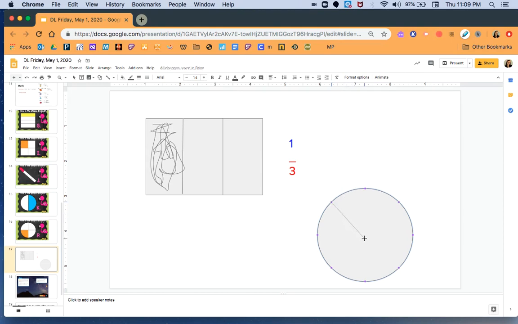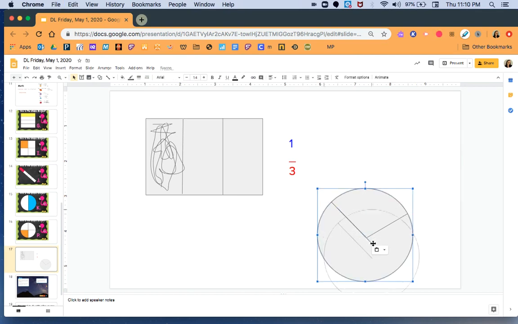Let's see. I'm going to go right here, and then right there.